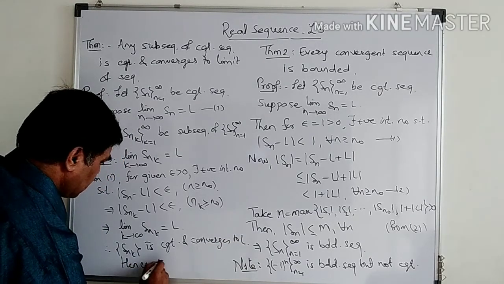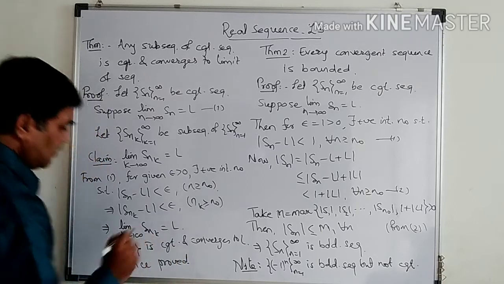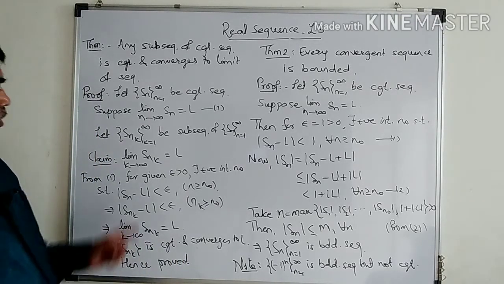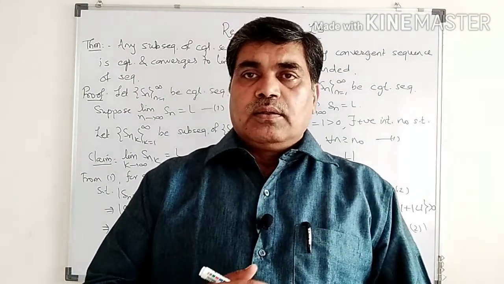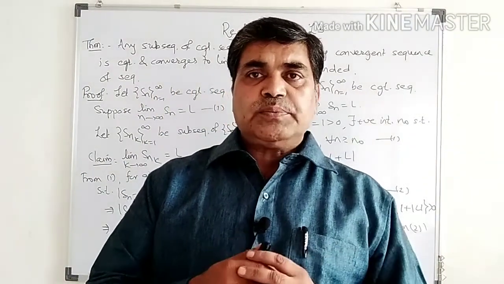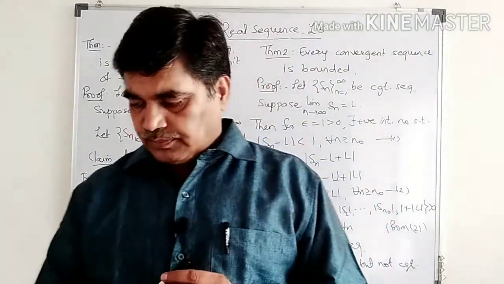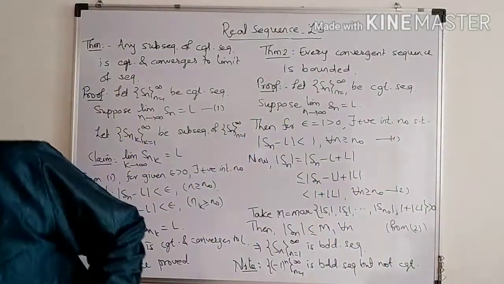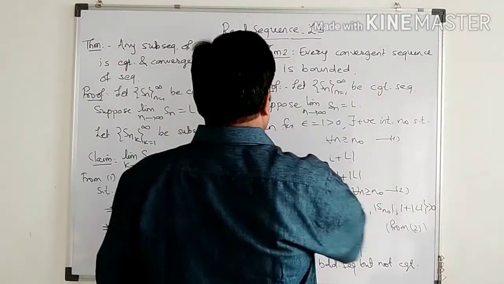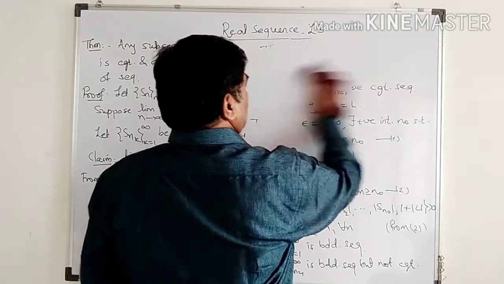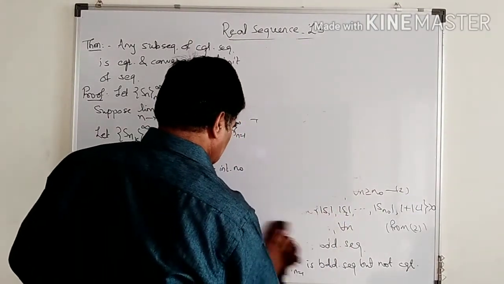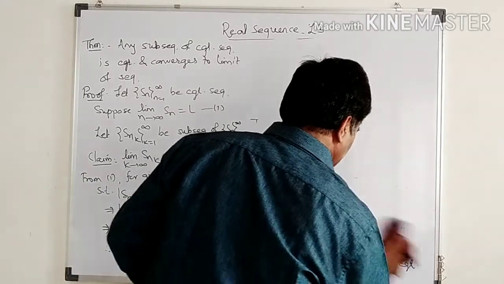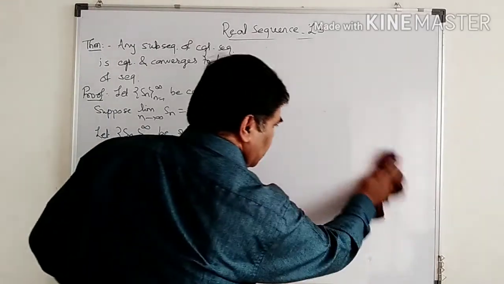Hence the result is proved. What is the use of this result? If you have to show that some sequence is divergent by using the negation of a convergent sequence, it is a difficult one.